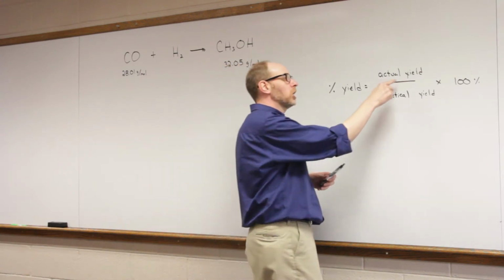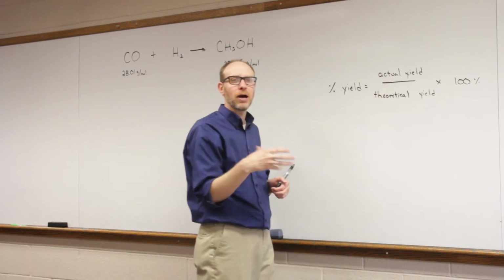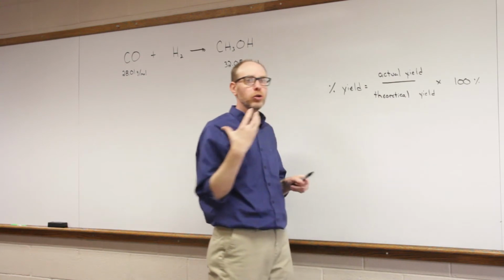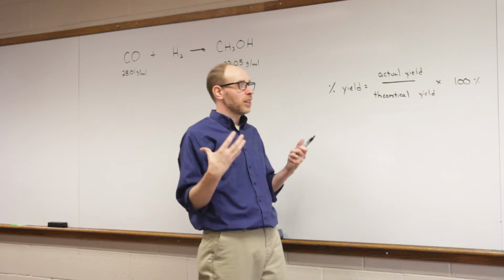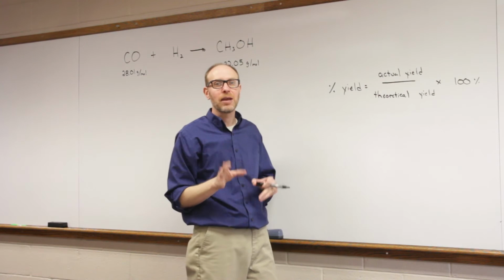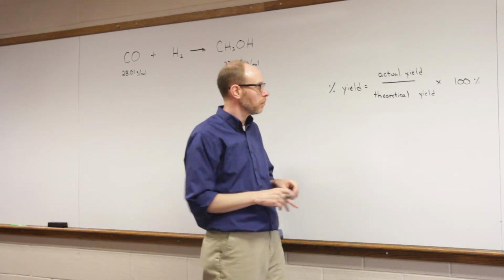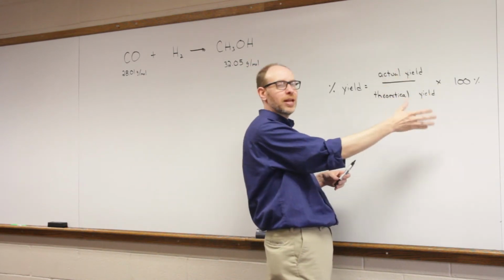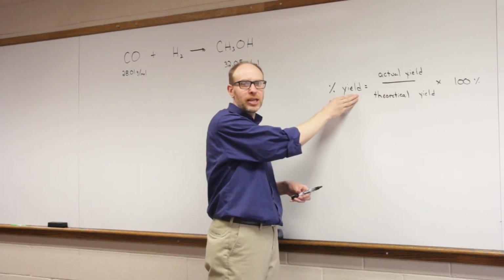And it's based on the ratio of actual yield and theoretical yield, where actual yield is the actual amount of stuff that you produce in the laboratory, and theoretical yield is what you calculate you should be able to make in the laboratory. In theory, we would hope the actual yield and the theoretical yield would be exactly the same, but it is not like that for most chemical reactions. We take that ratio and multiply by 100% to turn the fraction into the percent, and we end up with what we would call our percent yield.